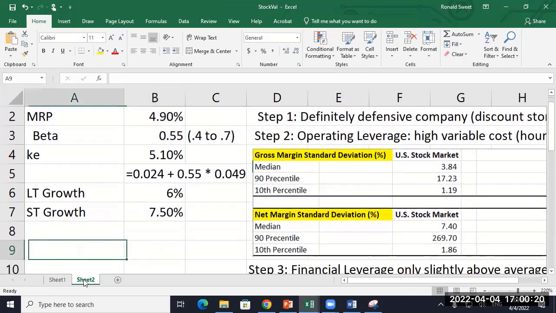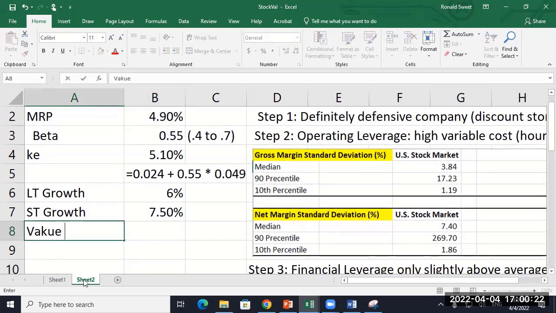Let me give you a hint. The value of a stock equals dividend 1 divided by KE minus long-term growth. So what can long-term growth not be greater than? Your KE, right?